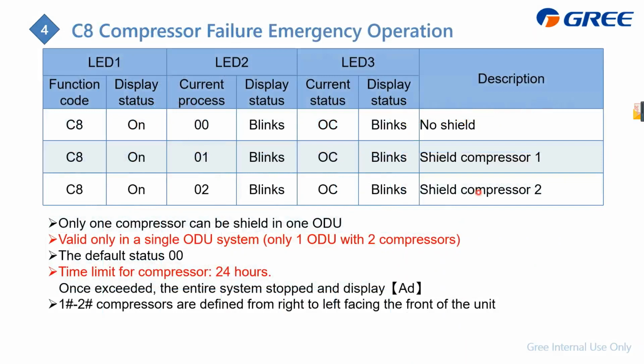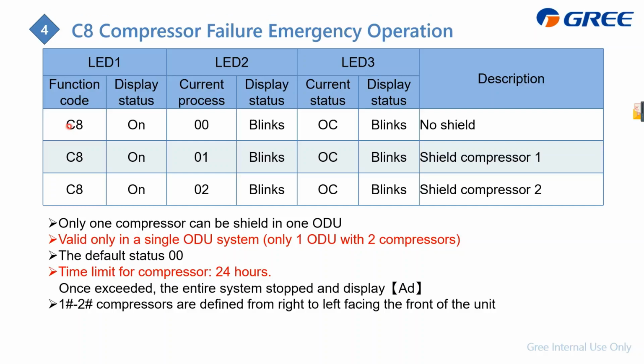And C8 is compressor emergency operation. For GMV5 we set the compressor emergency mode through the dip switch, but for GMV6 we set this through the function button. The function code is C8.